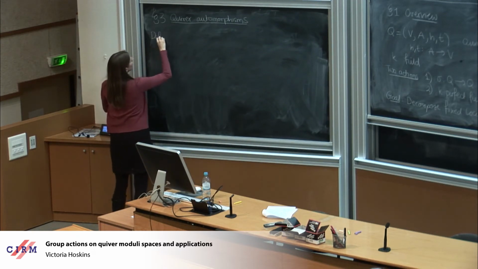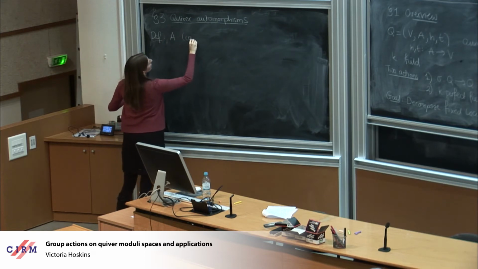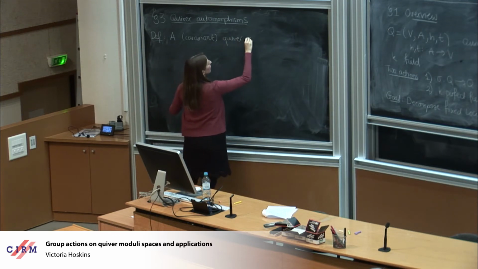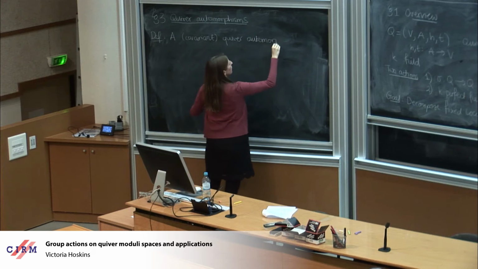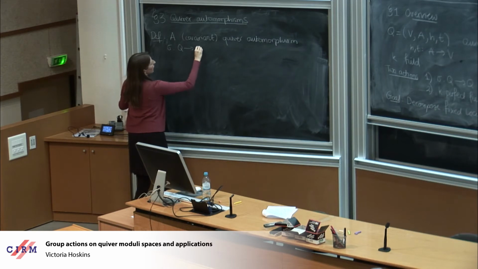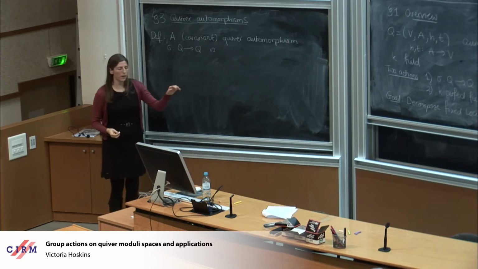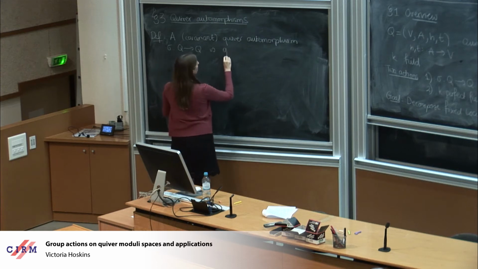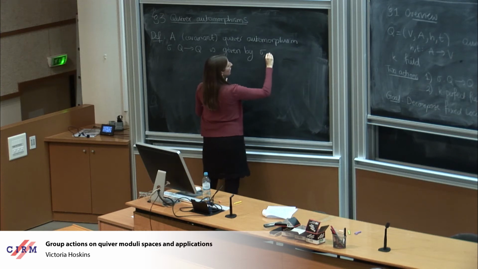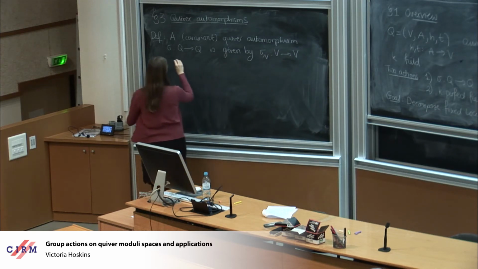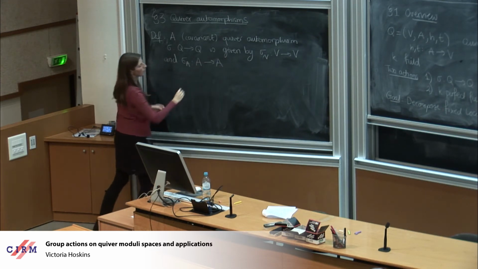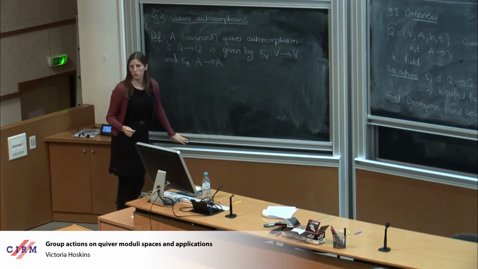A Quiver automorphism, which we write like this, is given by an automorphism of the vertex set and an automorphism of the arrow set, such that these commute with the head and tail maps.